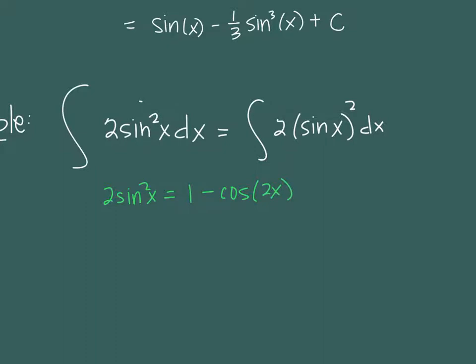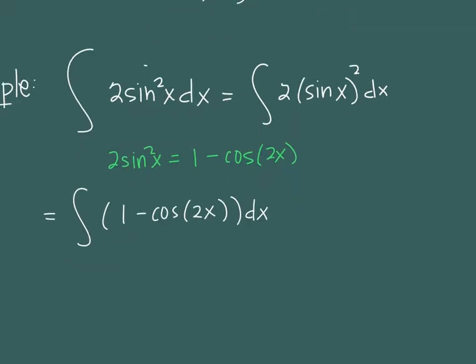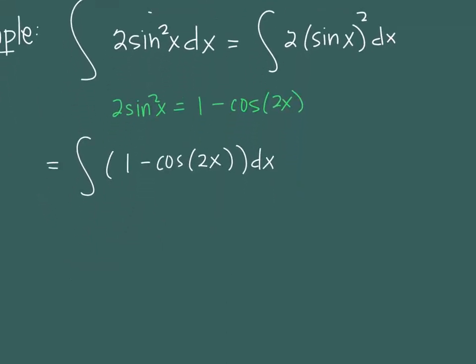And so then I'm going to replace and do a direct u substitution of 1 minus cosine 2x. And I don't even need any other substitution. I can directly do the antiderivative as it is.